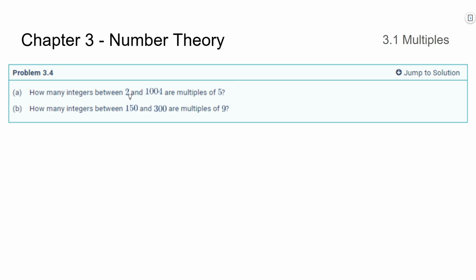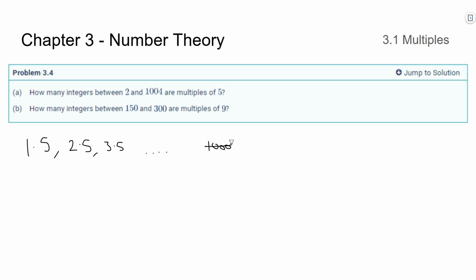The first multiple of 5 would be 1 times 5, which is 5. And then 2 times 5 would be the next multiple of 5, that would be 10. And then 3 times 5, and so on. And that's going to go all the way up to 1,000 as the last number.